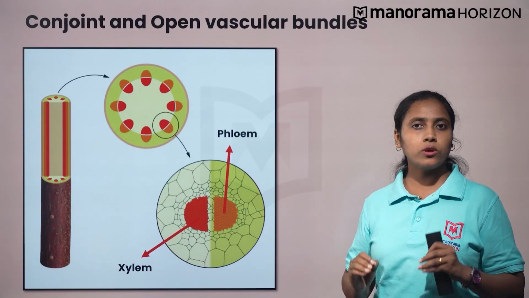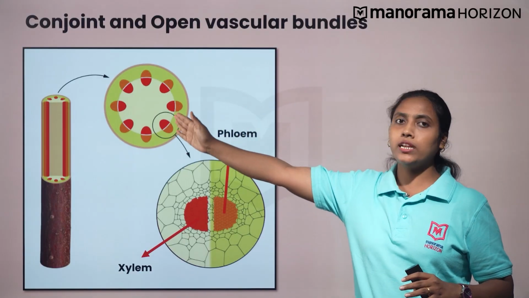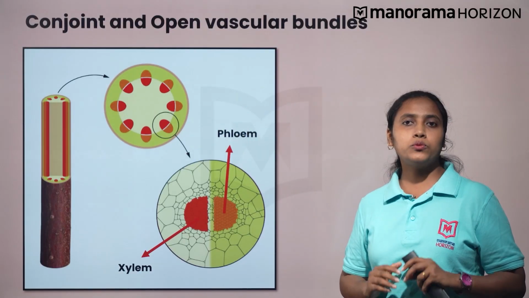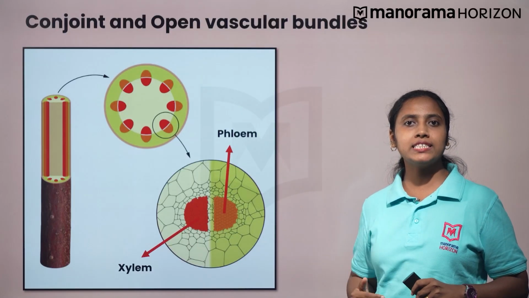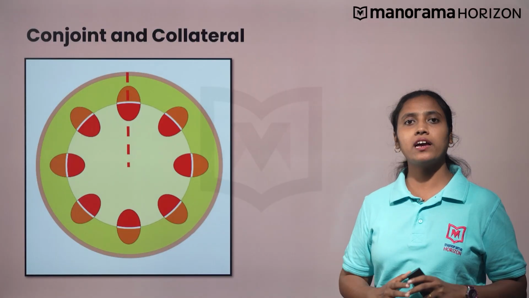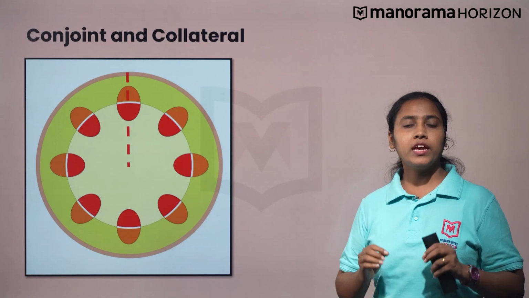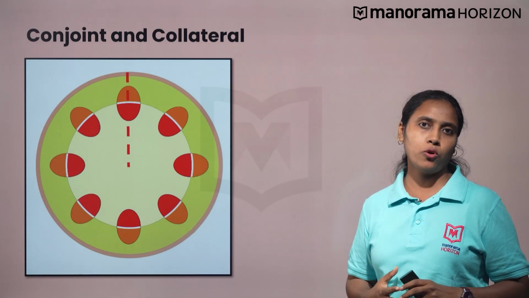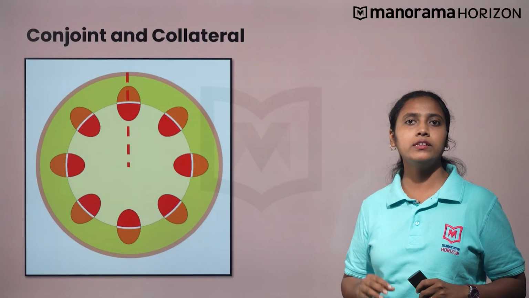The conjoined vascular bundles have phloem towards the periphery and xylem towards the center. These vascular bundles are arranged in a way that they fall in the same radius, hence they are known as conjoined and collateral.